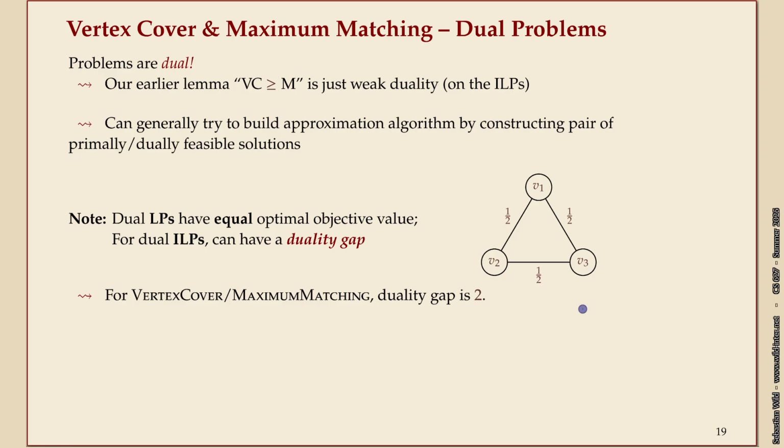The last bit I wanted to mention here is this notion of a duality gap that we haven't had before. We've talked about integrality gaps. Duality gap would be, you can have the integer feasible for the primal, and you can have integer feasible for the dual.